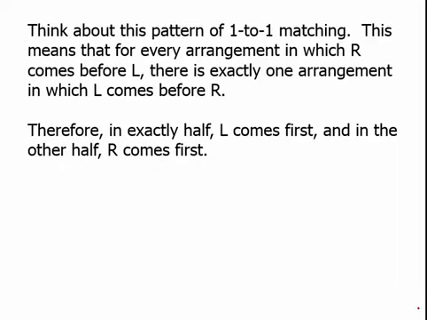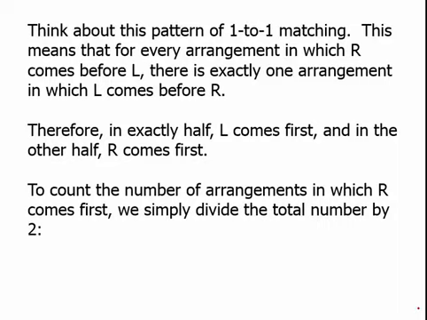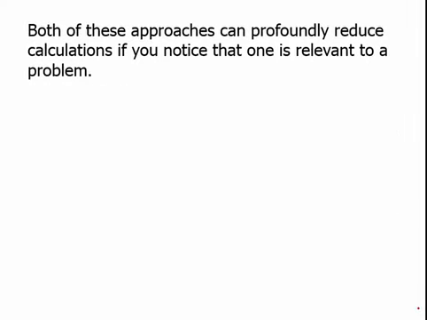So whatever the total number of arrangements there are, in exactly half of them, R comes before L. And in the other half, L comes before R. To count the number of arrangements in which R comes before L, we simply divide the total number by 2. So 6 factorial divided by 2, 720 divided by 2 is 360, and that's the answer.